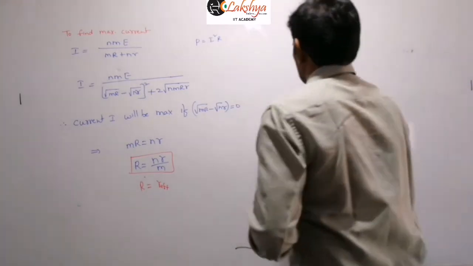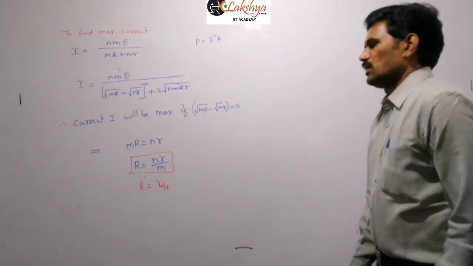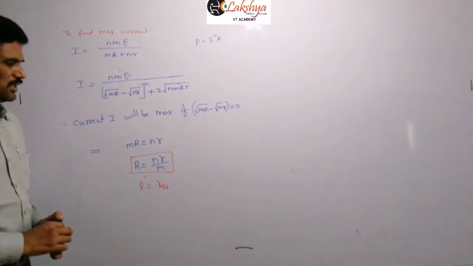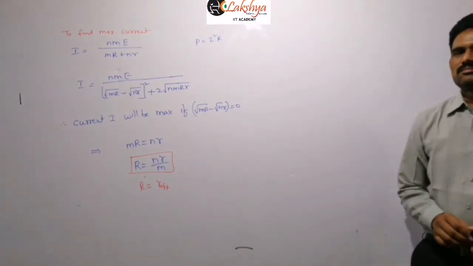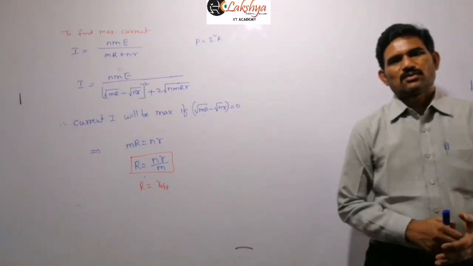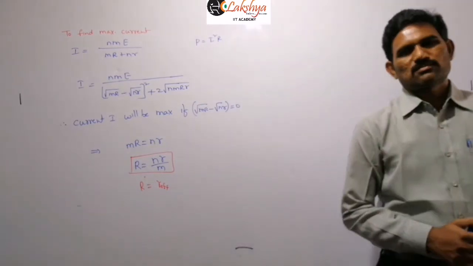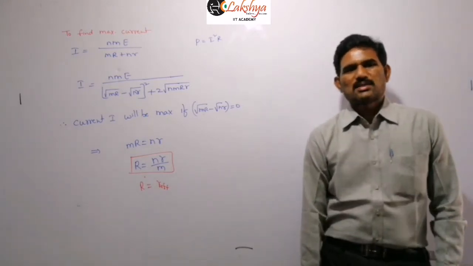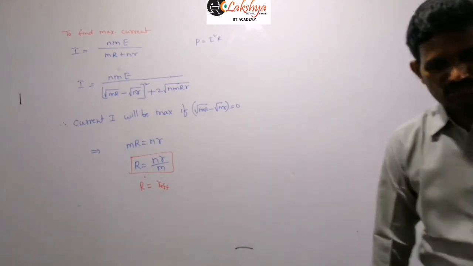So after that write, therefore the current or power delivered to the external resistance will be maximum when effective internal resistance in the circuit is equal to effective external resistance in the circuit.